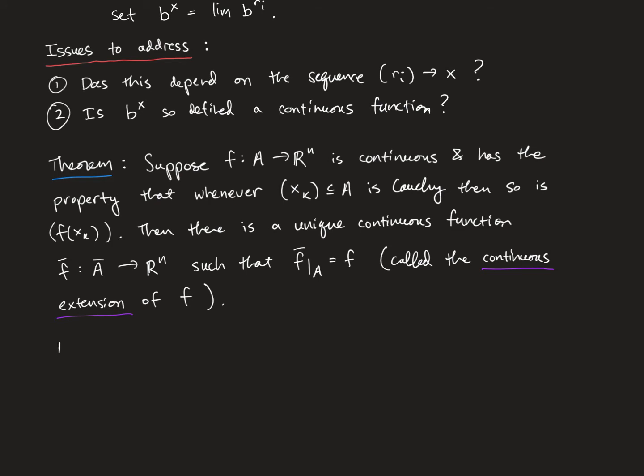Okay, so let's look at a proof of this theorem. Our main goal here is to construct this function. We'll construct it, show that it's unique, and show that it's continuous. To define f bar at x, which is in the closure, we'll just take any sequence x_k in A such that x_k converges to x.